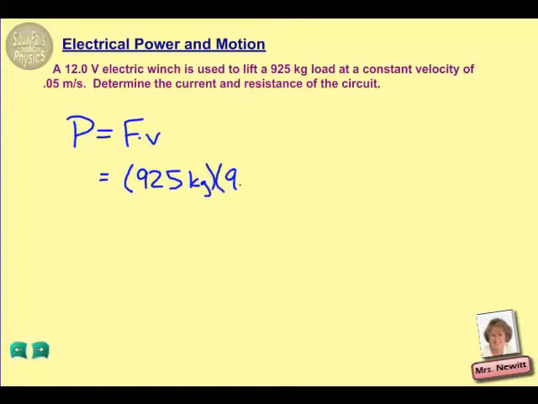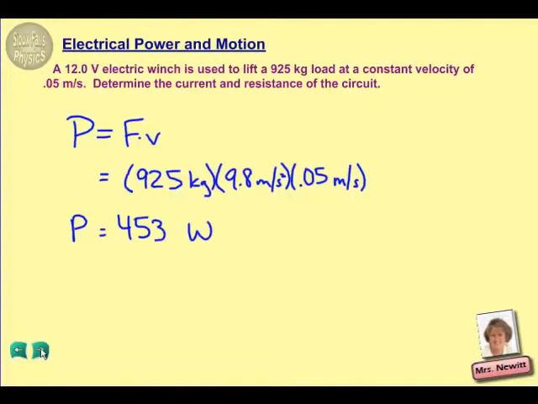If we multiply that times 9.8, we will get the force required, and the velocity given to us is 0.05. Multiplying that out, we find that the power required in this situation is 453 watts.